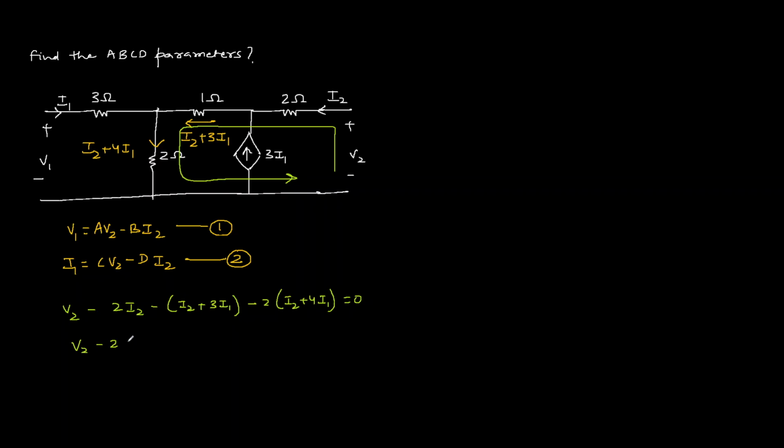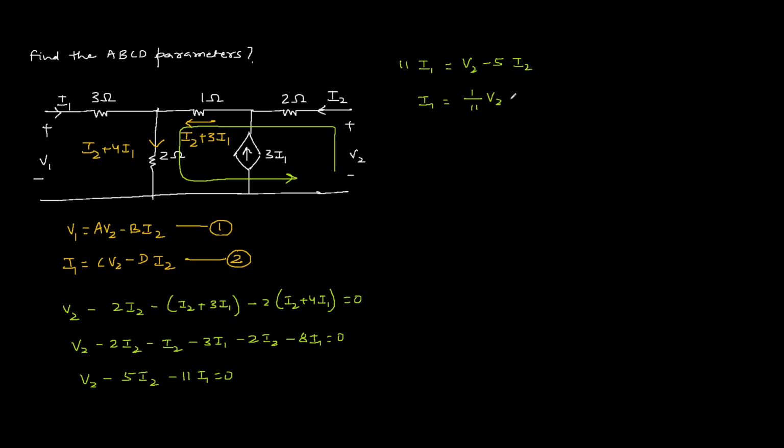So V2 then minus 2I2, minus I2, minus 3I1, minus 2I2, and then minus 8I1. So V2 and then minus 2 minus 1 minus 2, so minus 5I2, and then minus 3 and minus 8, minus 11I1. So 11I1 is V2 minus 5I2, or I1 is 1 over 11 V2 minus 5 over 11 I2.